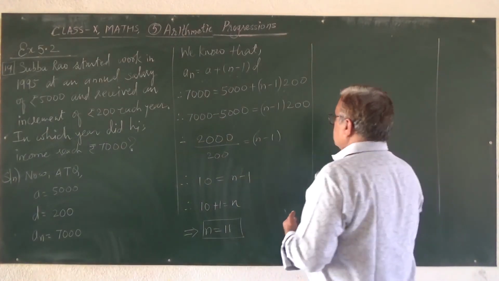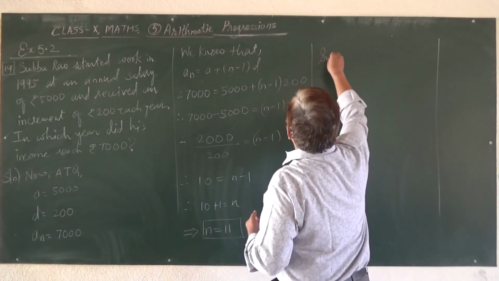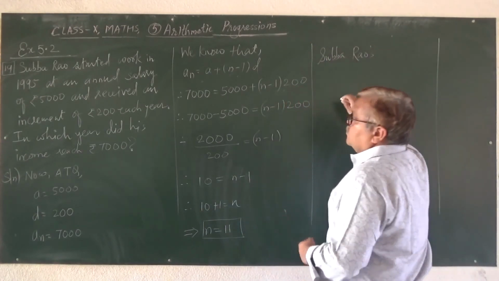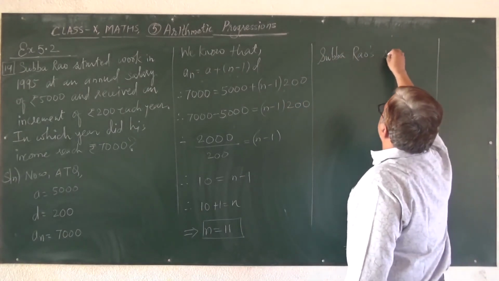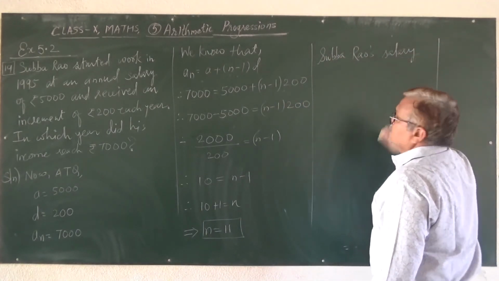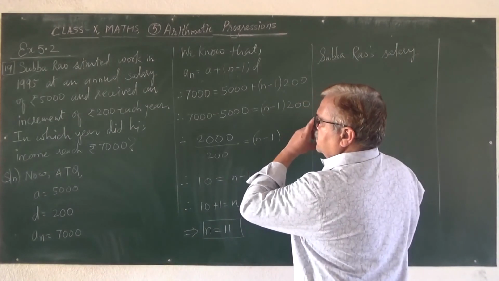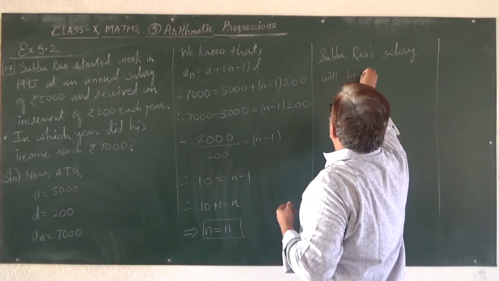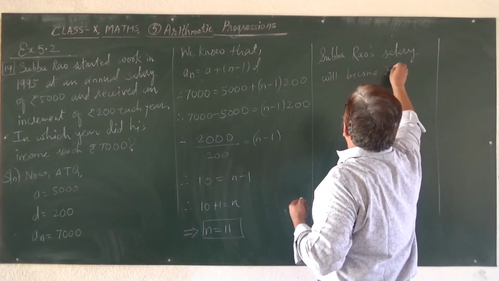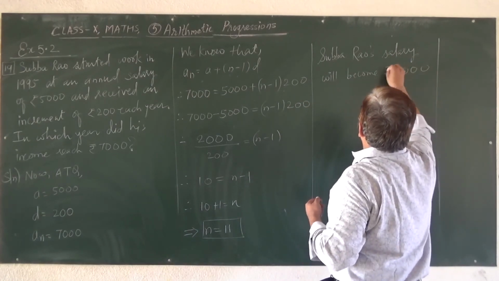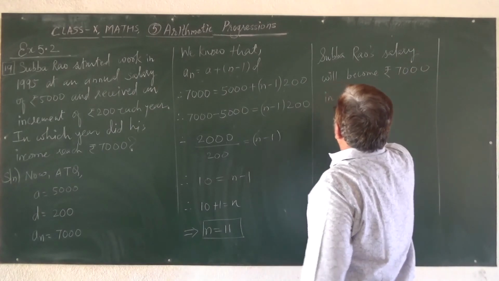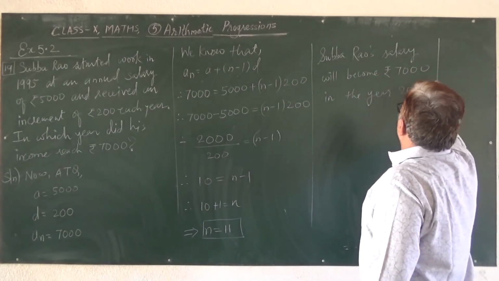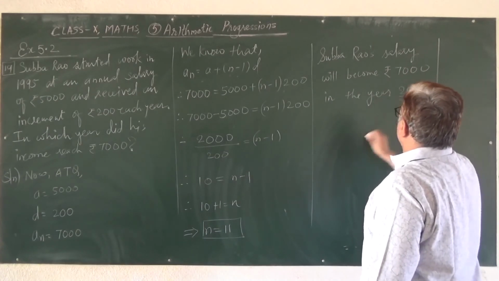So you can write: Subbarao's salary will become rupees 7,000 in the year 2006.